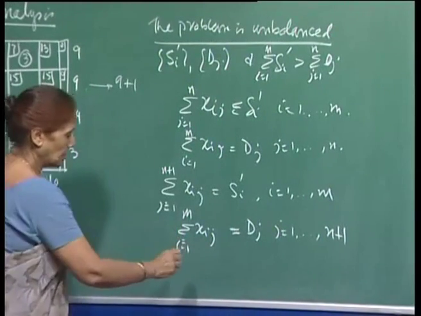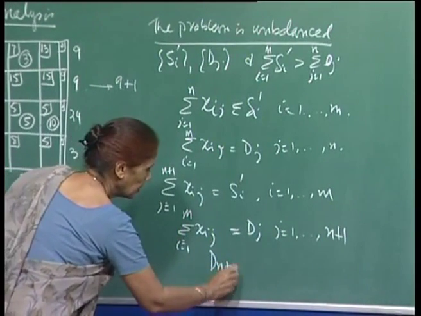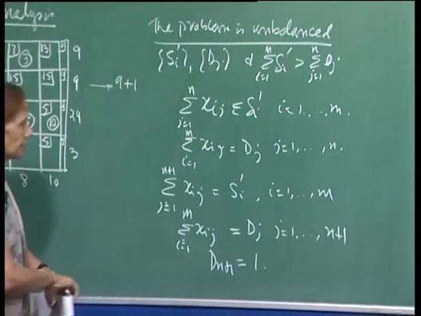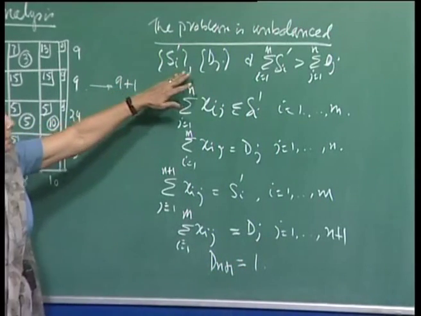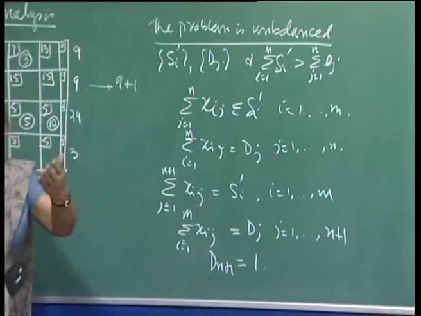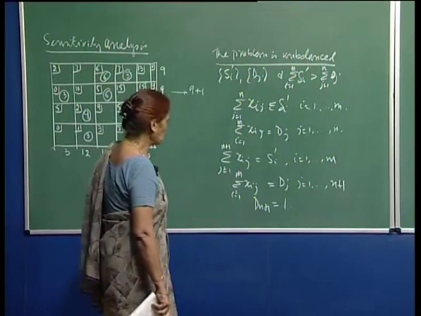You know that d_(n+1) is equal to the difference between sigma S_i prime and sigma d_j, because I have just increased one supply by 1.